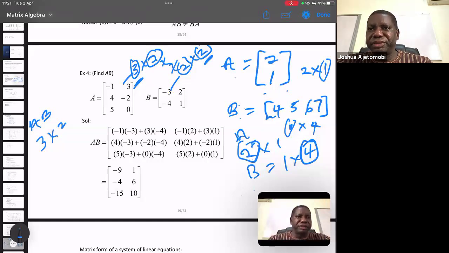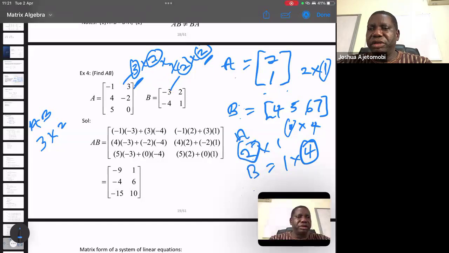Take, for instance, the first row, we have -1, 3. We multiply this -1 by this -3 and add it to the multiplication of this 3 by this -4. This is what we have here, and that is how we obtain this -9.